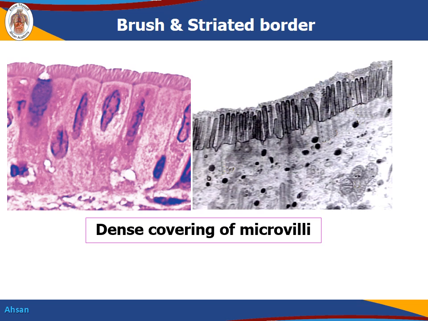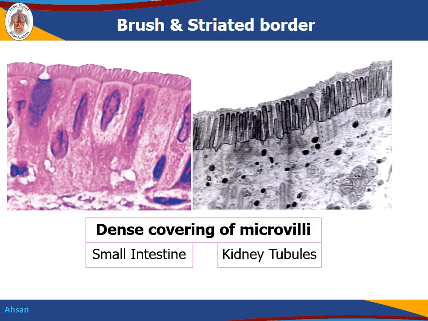The dense covering of the microvilli together makes a strip over the apex in staining condition. They are actually synonyms, but especially in the small intestine we use the term brush border, and in the case of the kidney tubules we use the term striated border.